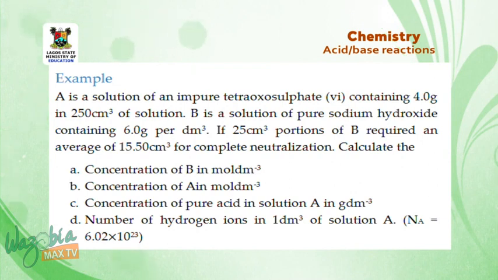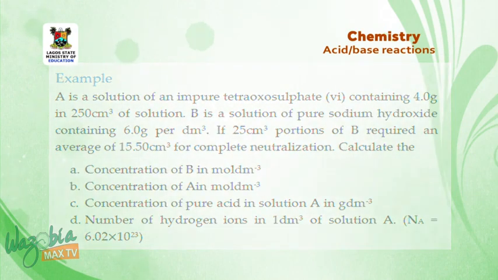B. Concentration of A in mole per dm cube. C. Concentration of pure acid in solution A in gram per dm cube. And D. Number of hydrogen ions in 1 dm cube of solution A, given that Avogadro's number is equal to 6.02 times 10 raised to power 23.